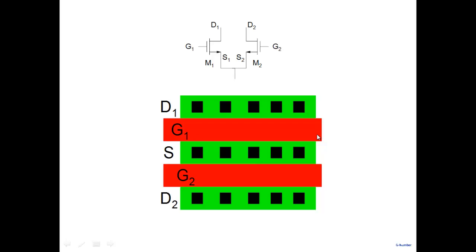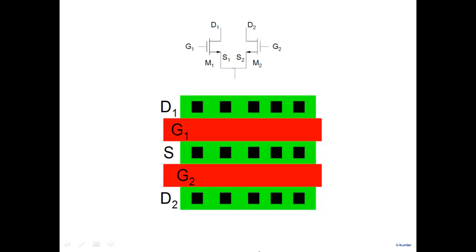But note that this transistor is on the top, this transistor is at the bottom. There is a separation. And why am I talking about this separation as a problem? What if there is, on my wafer, a temperature gradient like this? When I'm processing, I'm heating it up in an oven and all that. And what if there's a temperature gradient like this, at higher temperature here and lower here?